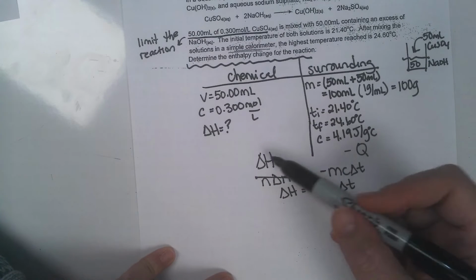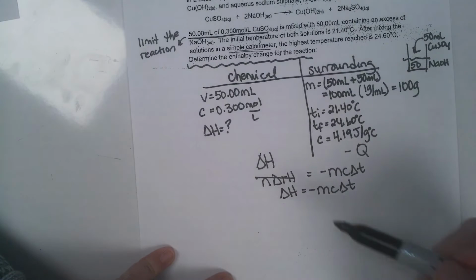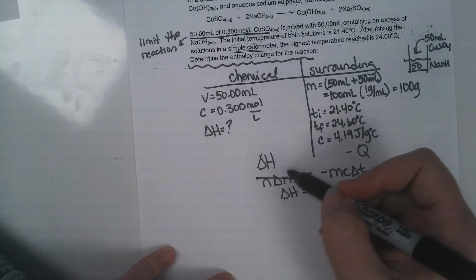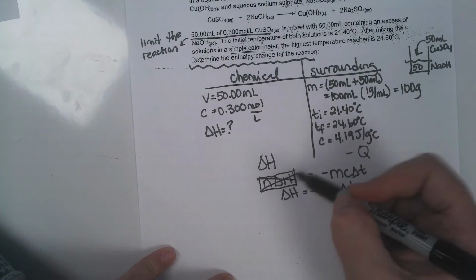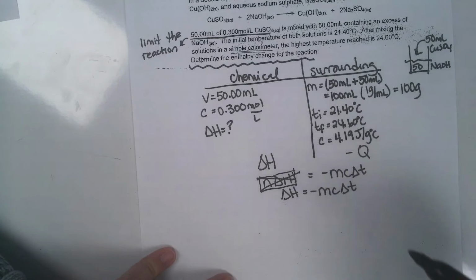When we recognize that delta H is equal to negative Q, we don't need this piece because we're actually solving for delta H.